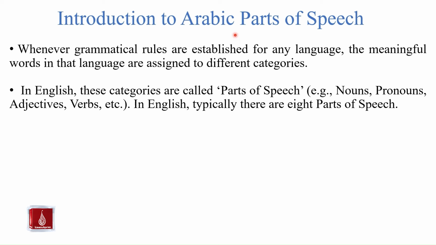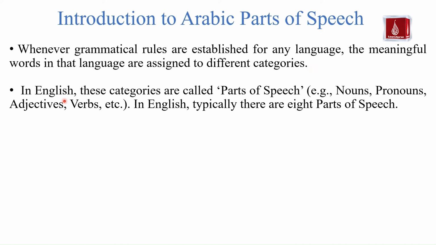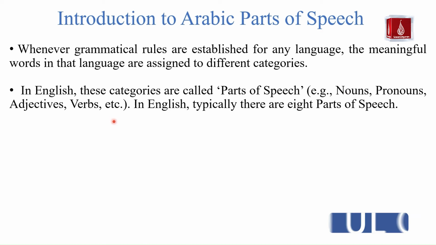Finally, let's have an introduction to parts of speech in Arabic. Whenever grammatical rules are established for any language, all the meaningful words in that language are assigned to different categories. In the example of English, these categories are called parts of speech. For example, nouns, pronouns, adjectives, verbs, etc. In English, there are typically 8 parts of speech.